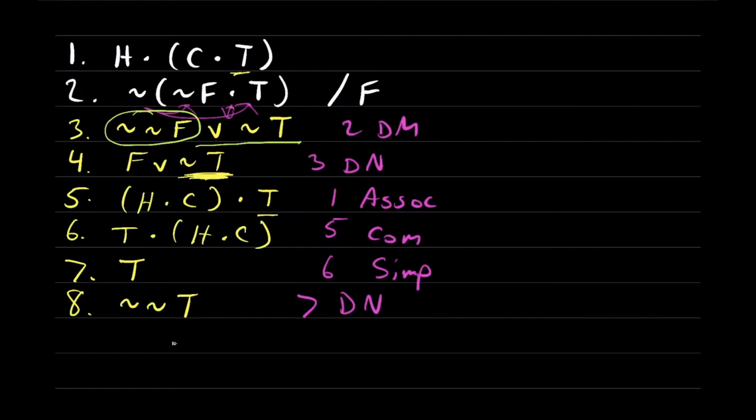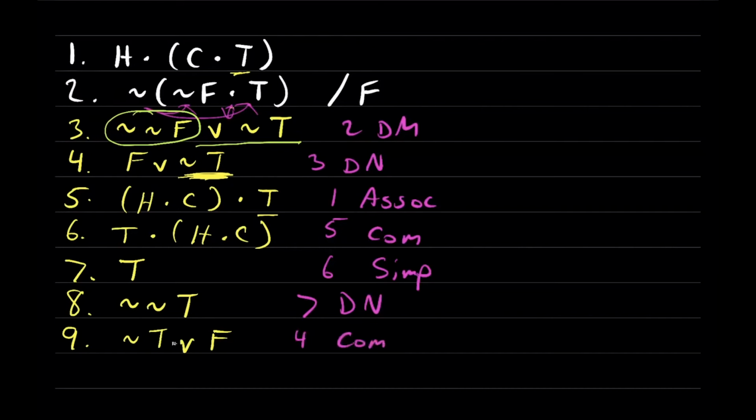Okay. But in order to use disjunctive syllogism, that term that I have the negation of, not T, has to be on the left side of the disjunction. So from line 4, I need to rewrite this, switching around the order of that disjunction, not T or F. And that's going to follow from line 4 by commutativity.